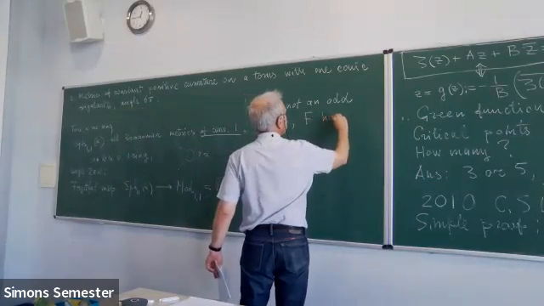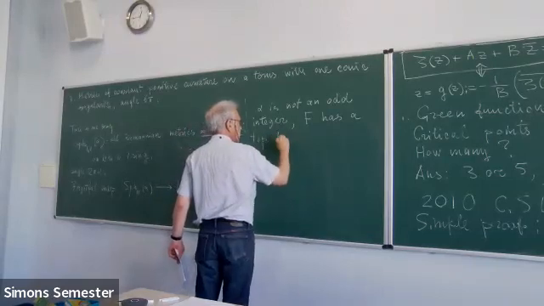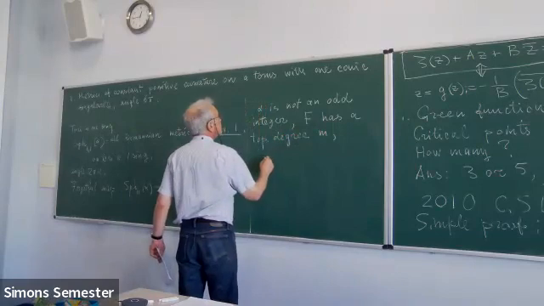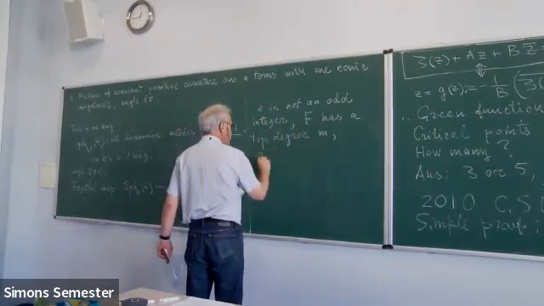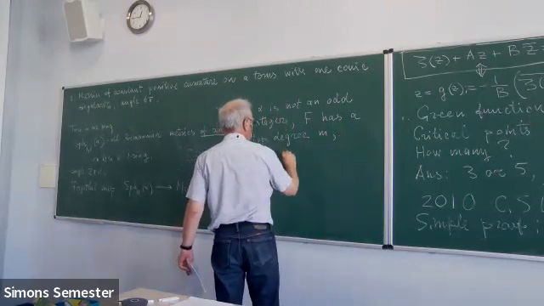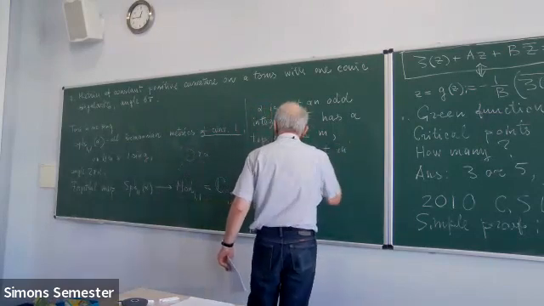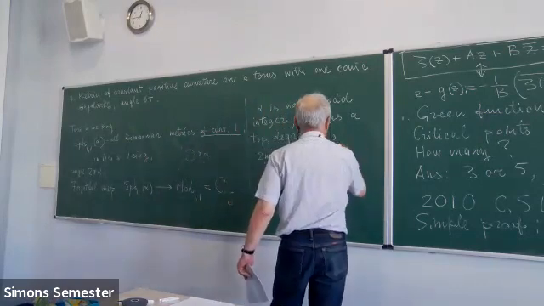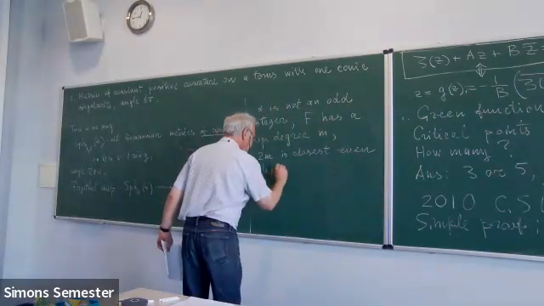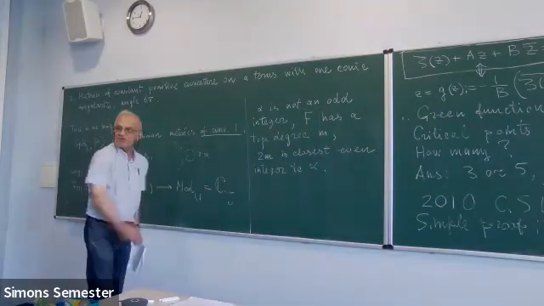And this degree is m, where 2m is the closest even integer to alpha. So this means that in particular the map is surjective.